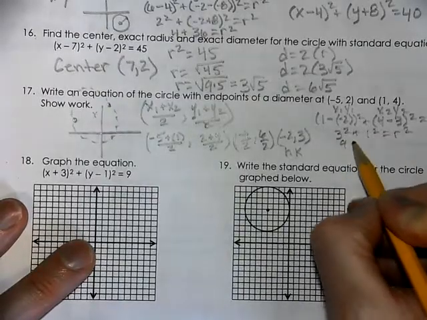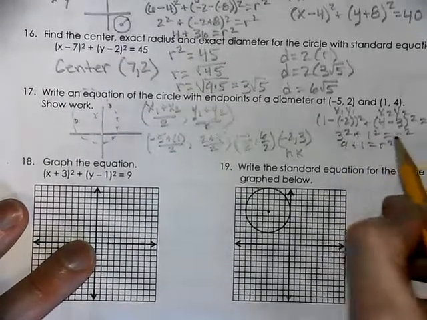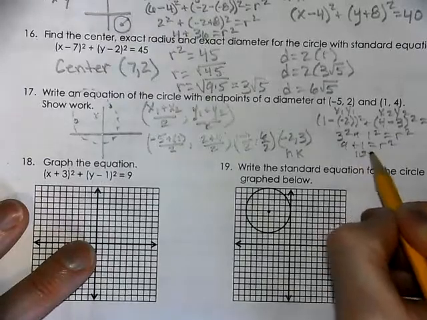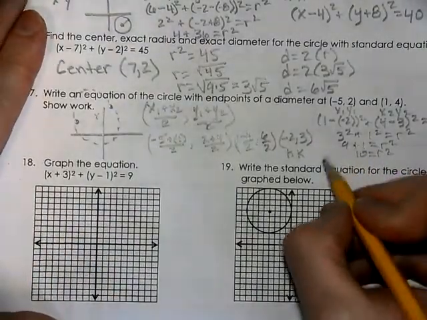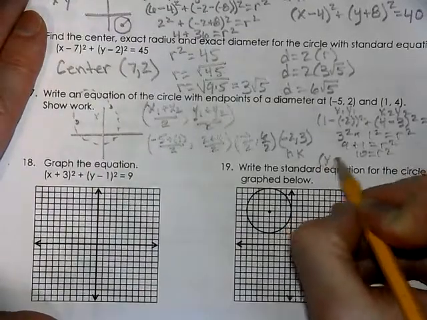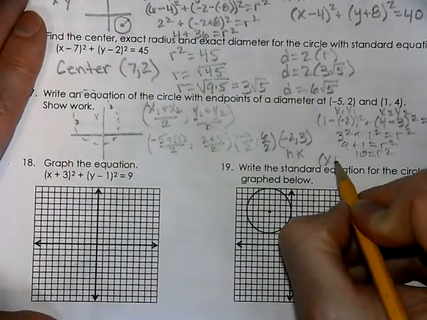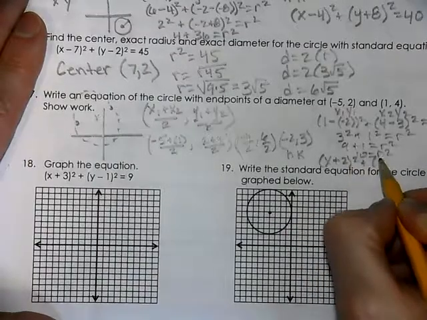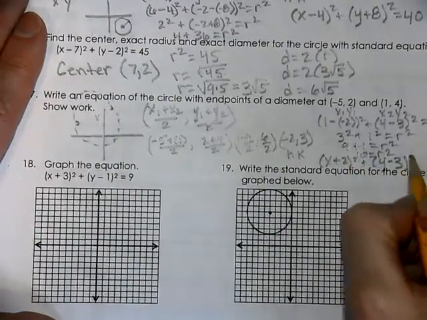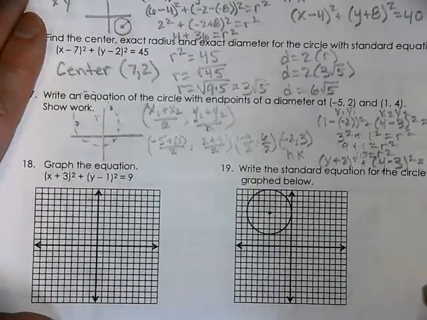So this gives us 9 plus 1, which is a value of 10. Our r squared is a value of 10. So our final equation is going to be (x plus 2) squared plus (y minus 3) squared equals 10.